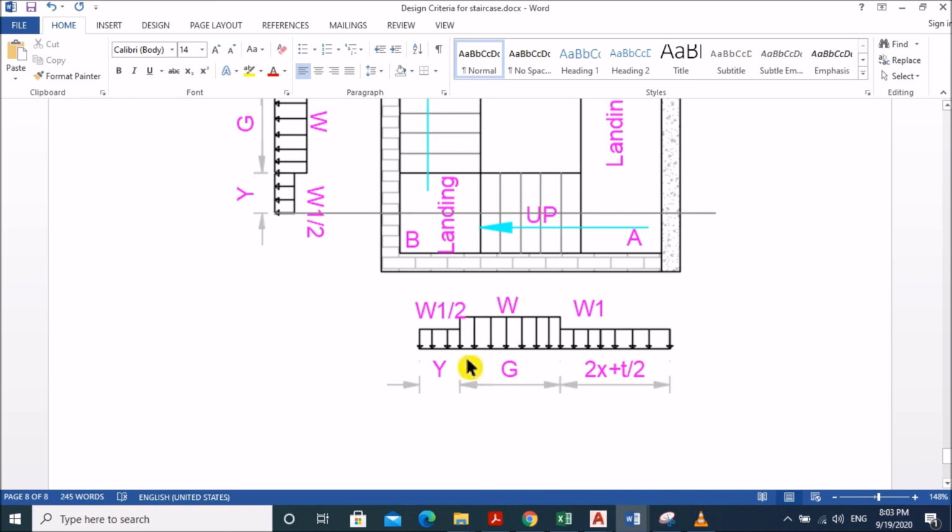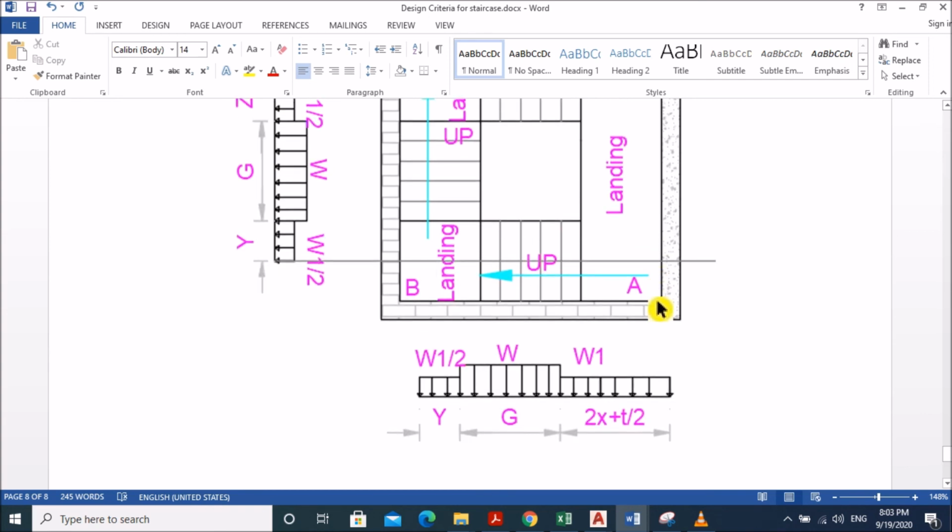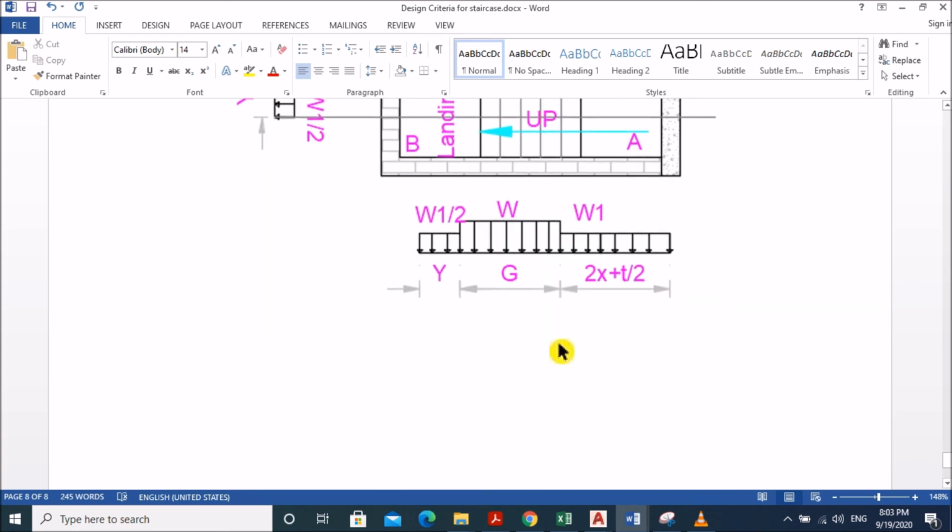In the B direction, this B is shared by 2 flights, so the loading on the Y distance is W1 by 2, but landing A is shared by only one flight, AB, and we use the full load on landing A, that is W1. That is how the loading has to be applied when designing the staircase.